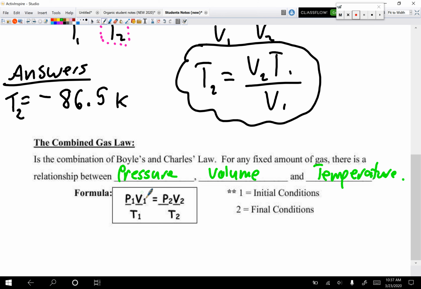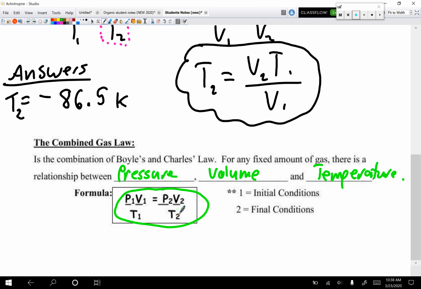Our equation is P1 V1 over T1 equals P2 V2 over T2. You can notice the numerator portion, P1 V1 equals P2 V2, looks like Boyle's law. And then if you cover up the pressure units, we've got V1 over T1 equals V2 over T2, and that's our Charles' law. So it is a combination of both of these.